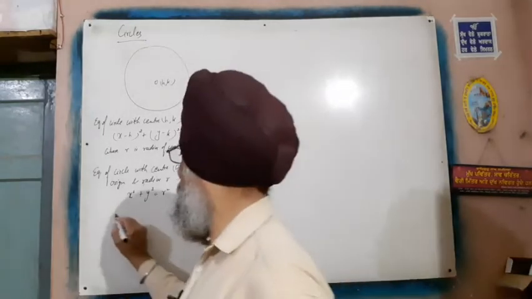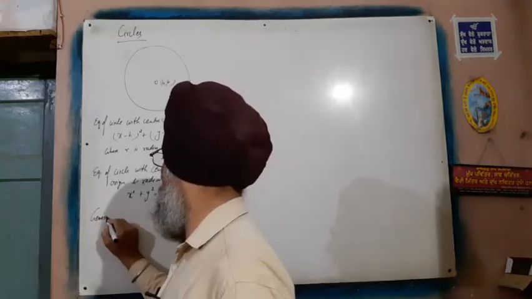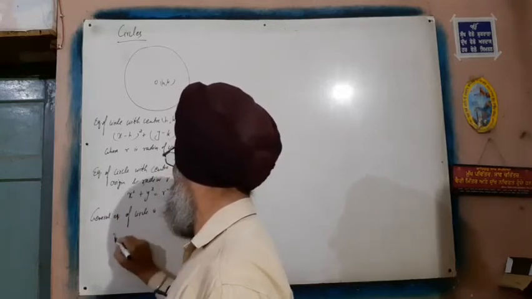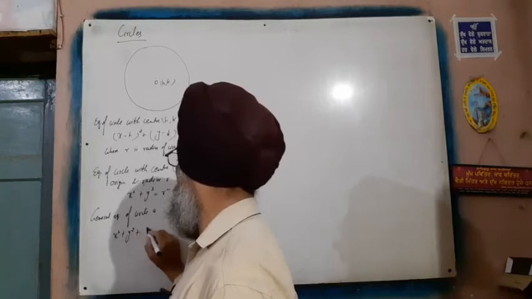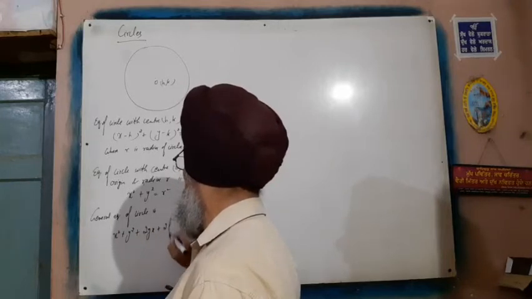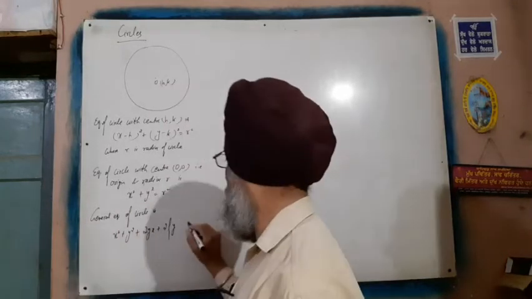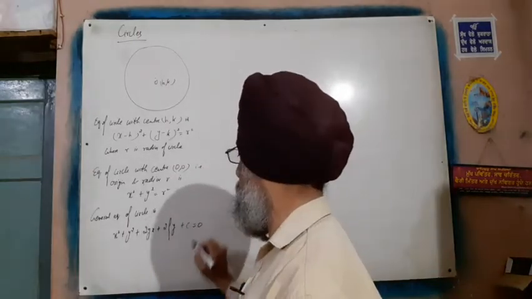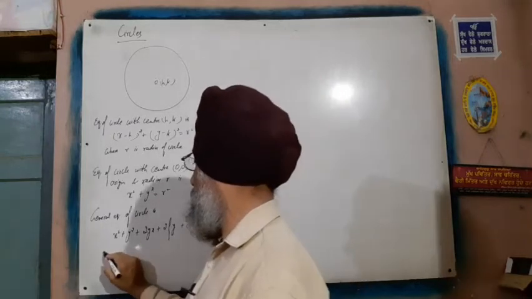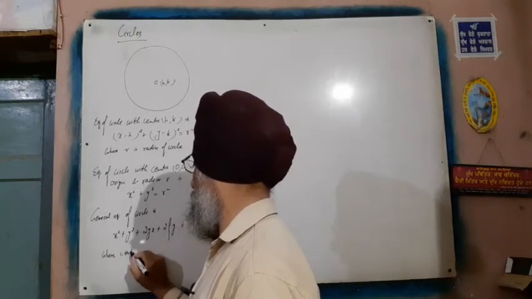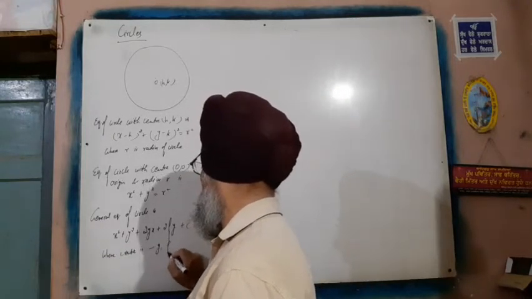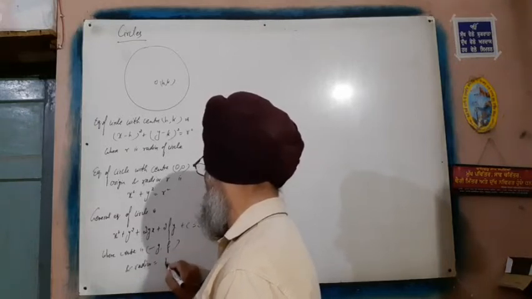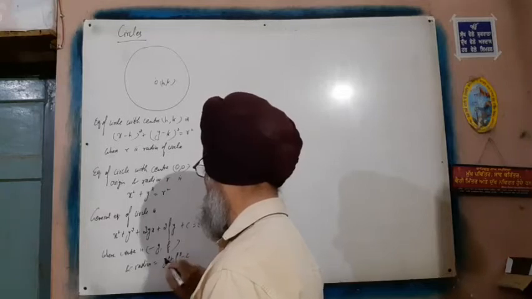Moreover, the general equation of a circle is x square plus y square plus 2gx plus 2fy plus c is equal to 0, where the center is given by minus g, minus f, and the radius is given by the square root of g square plus f square minus c.